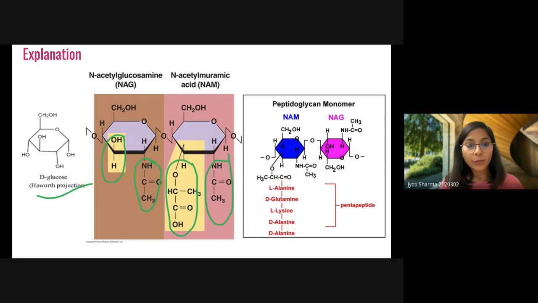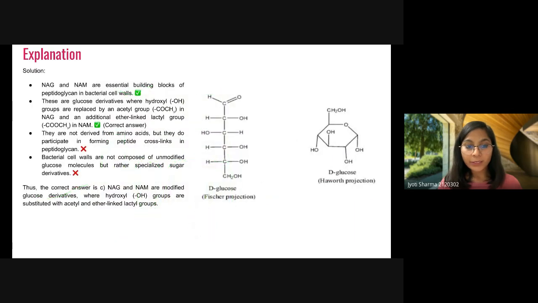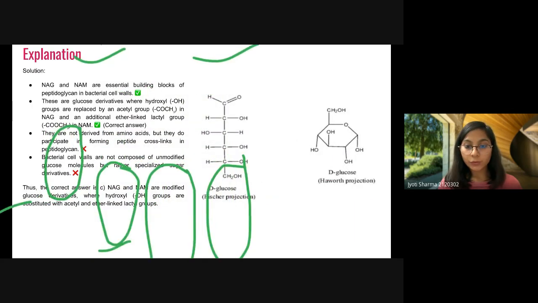What we are doing is replacing the hydroxyl group with something else here, but the basic structure of the glucose is the same. This will give you NAG, and this will give you NAM. So here we are just changing some groups at some point. That's why this is the derivative of glucose only. But let me show you.